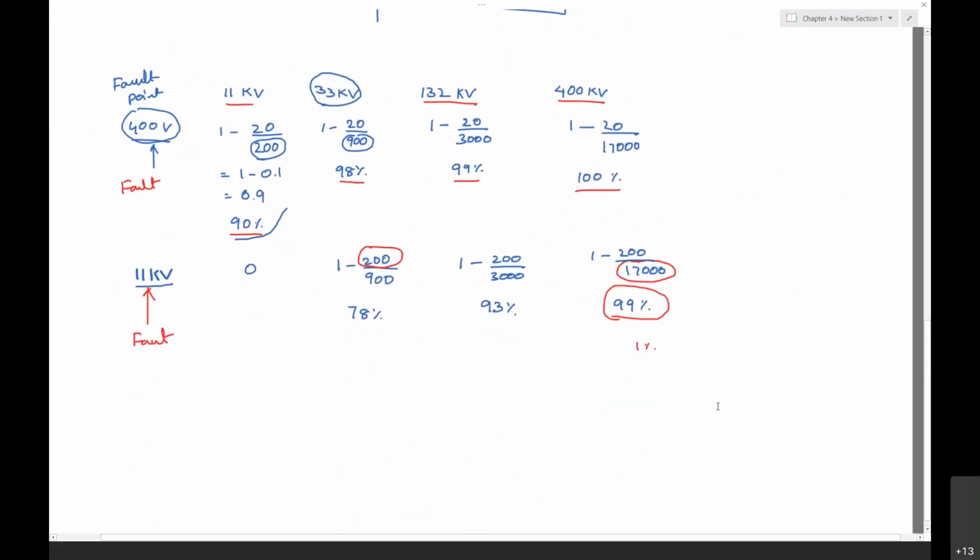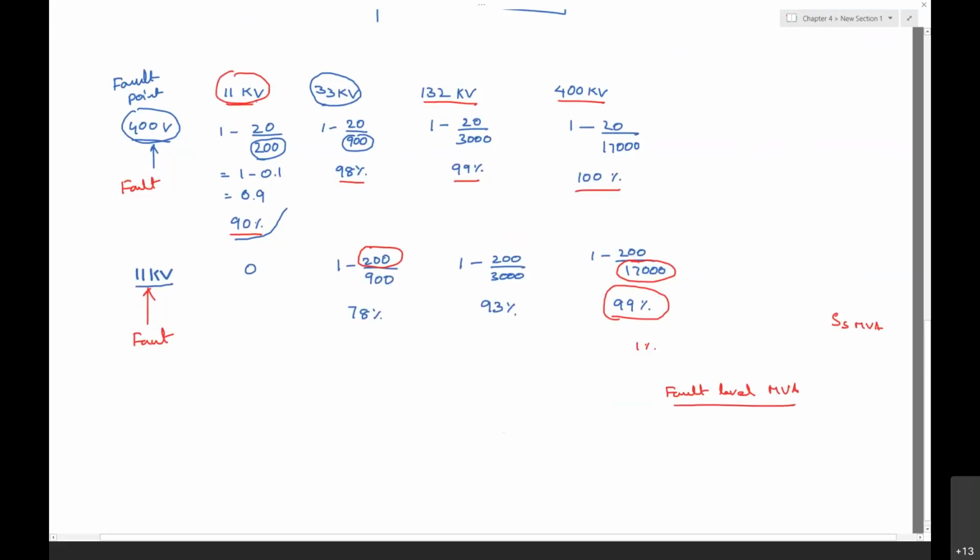With this, we can understand how the fault level MVA is influencing the voltage, with respect to the source MVA and with respect to the bus voltages.